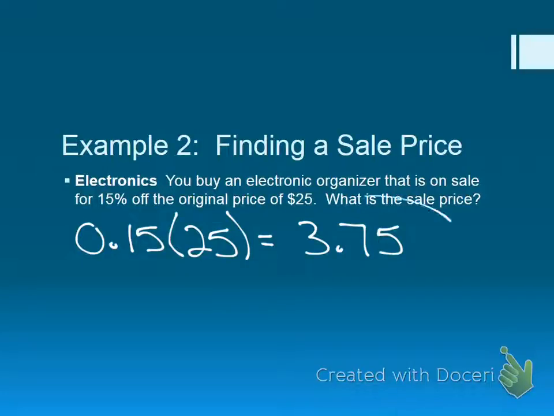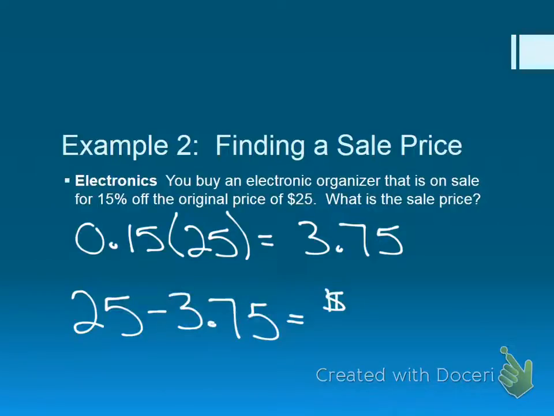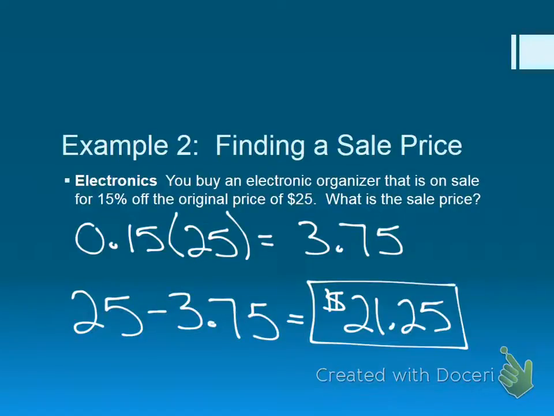But is that my answer? No. What do I now do with that number? Why am I subtracting it? Because it's a sale. Since it's on sale, that'd be like the worst sale ever, right, if you actually paid more. Okay, so if it's truly on sale, you're going to pay less, which is why you subtract. All right.